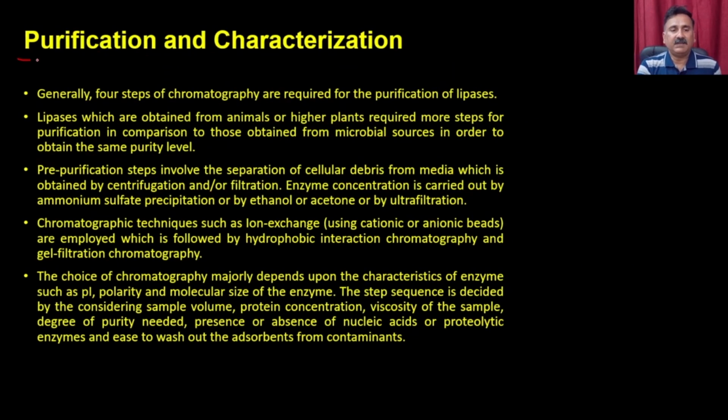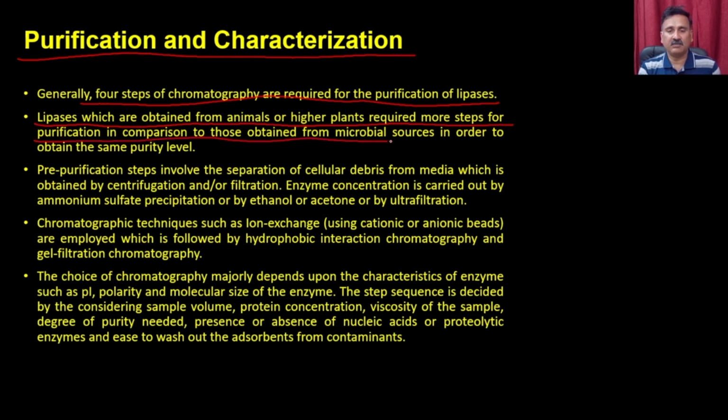Then we have the purification and the characterization. Generally, four steps of chromatography are required for the purification of lipases. Lipases obtained from animal or plant sources require more steps for purification in comparison to those obtained from microbial sources in order to obtain the same purity.